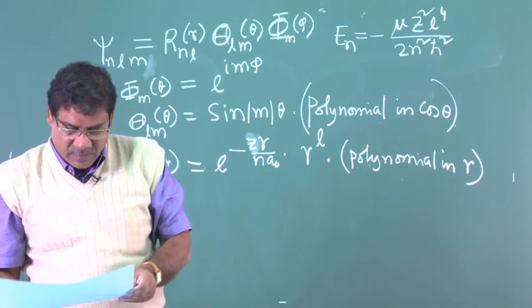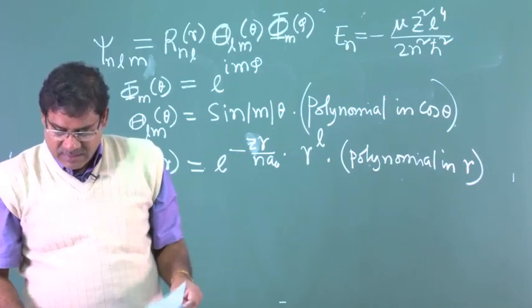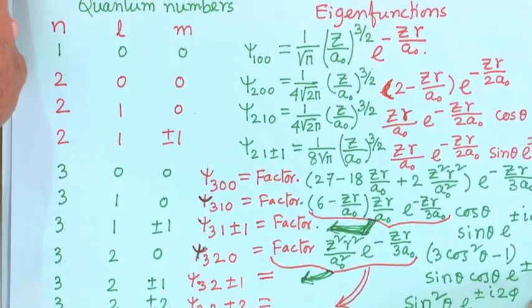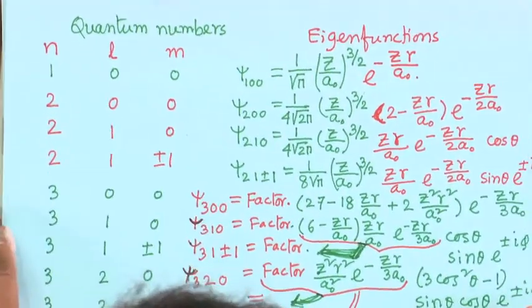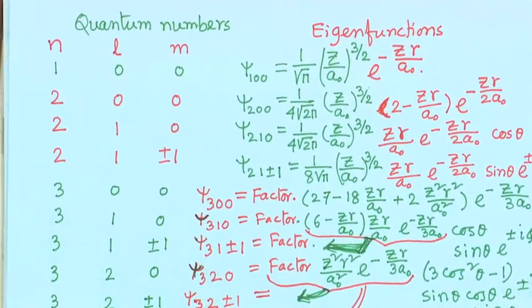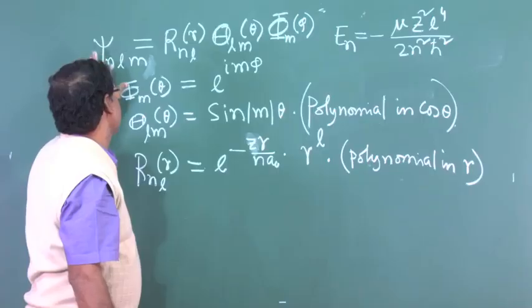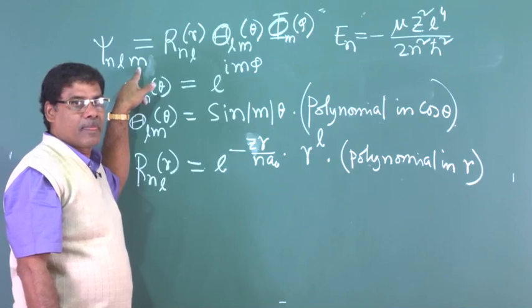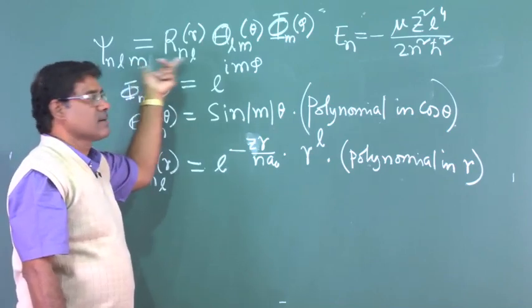For the first 3 values of n, in the table I have shown here the form of the wave function psi n l m, the complete wave function.